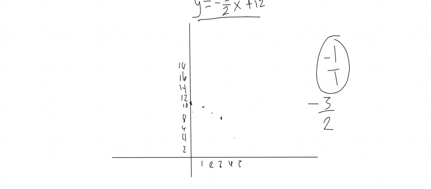I was descending 2. So my graph should look something like this. 11. Okay, something like this.